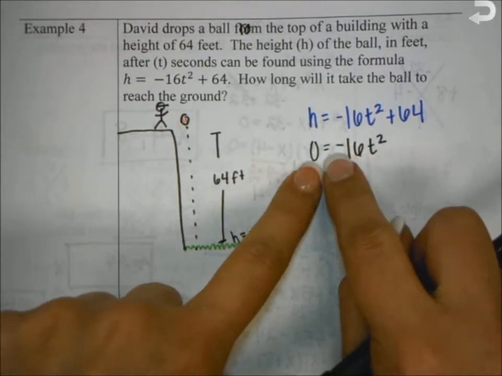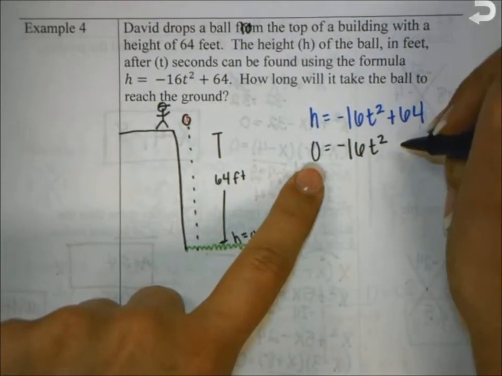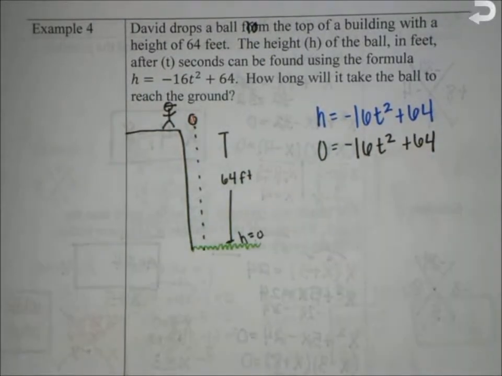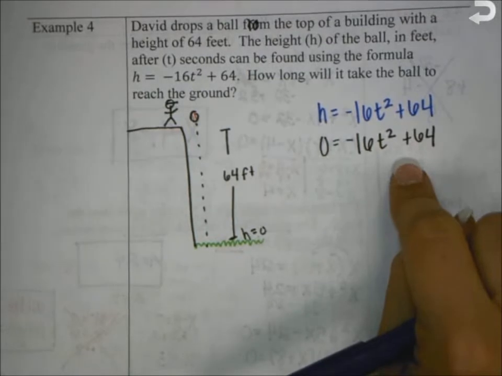Yeah, we want to factor this. What's the first thing I always look for when I'm factoring? The greatest common factor, a GCF. Do I have one? Yeah, I do. What is it? 16. What about negative 16? Could it be negative 16?